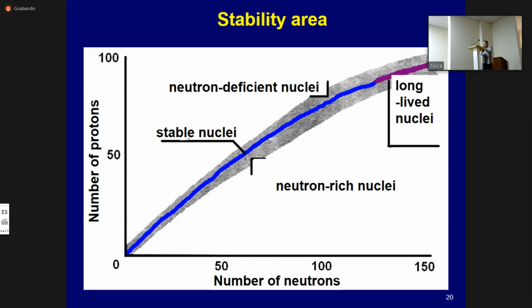It must be emphasized that all nuclei with charge number greater than 83, after bismuth, are unstable. And in addition, nuclei with charge number 43, technetium, and 61, promethium, also do not have a single stable isotope.